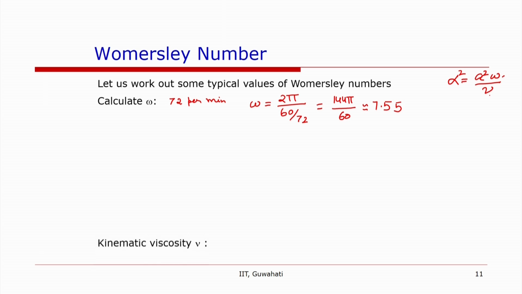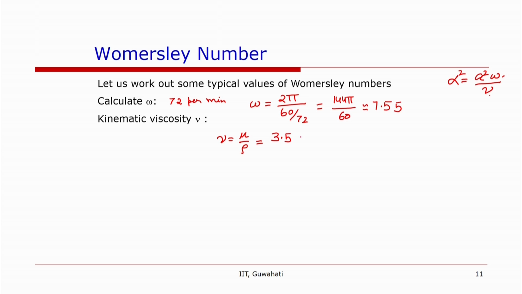Okay, next we will calculate the kinematic viscosity, which will be omega mu over rho, and the typical value of the blood viscosity is about 3.5 centipoise.